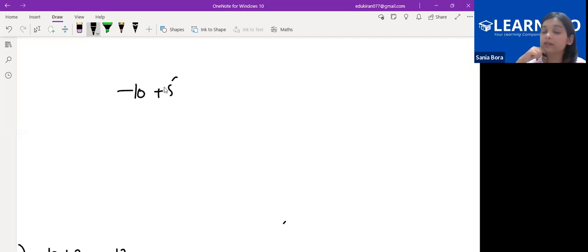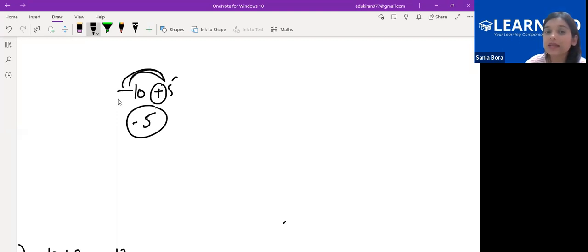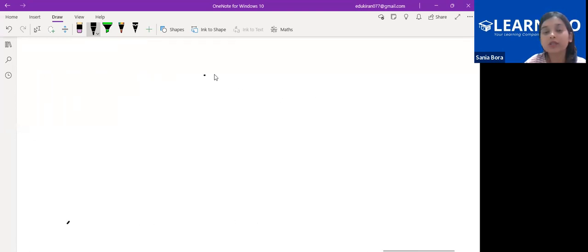From 10, if you subtract 5, what you will get? 5. And who is greater? 10. So minus 5. Clear? You don't have to look for just one sign. You have to check both the signs. Plus minus minus, that means you have to subtract it. Clear?